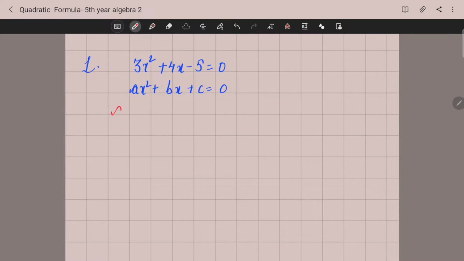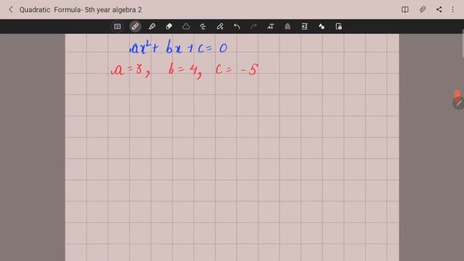Like our a is 3, b is 4 and c is minus 5, and after that we will write the formula, that is minus b plus minus square root of b square minus 4ac over 2a.